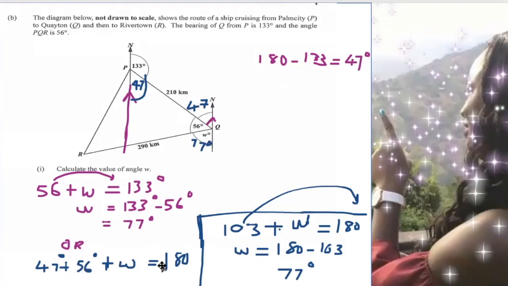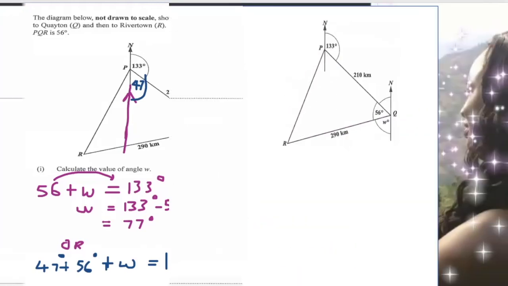So that is why I have this. So this is the next method. Adding 47 plus 56, I have 103 degrees. Now to make W the subject, I carry 103 degrees over the equal sign. It becomes negative. So 180 minus 103 degrees gives me 77 degrees.